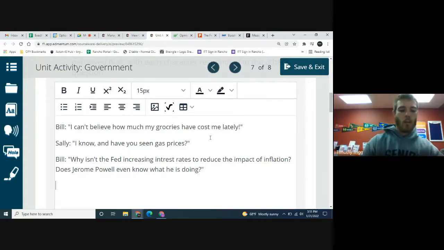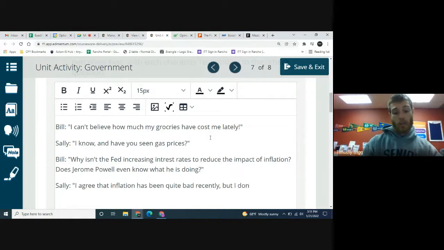Okay. Here's where Sally disagrees, right? I agree that inflation has been bad and quite bad recently, but I don't think the Fed should increase interest rates.